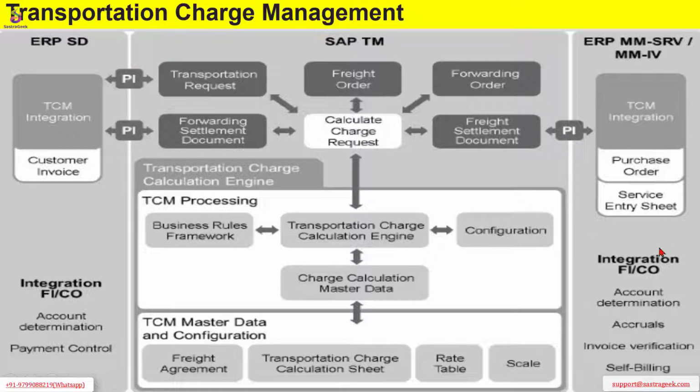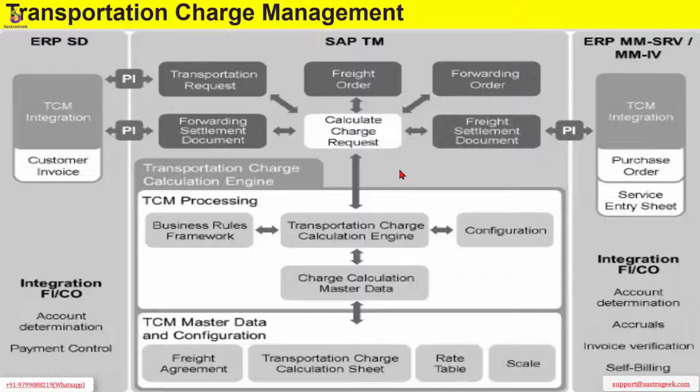Even here you'll have integration with FICO, account determination, approvals, and all that. That said, we have a larger part in SAP TM. In the center we have something called calculate charge request. This talks about the sources from which charges could be calculated.